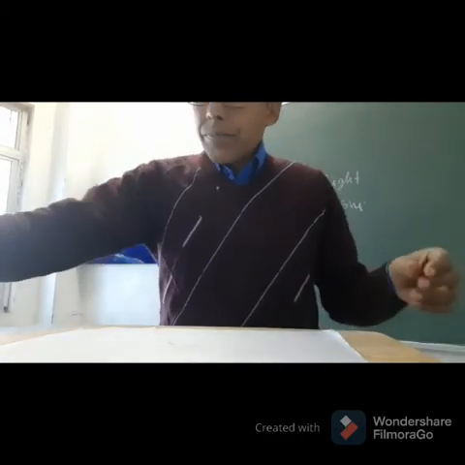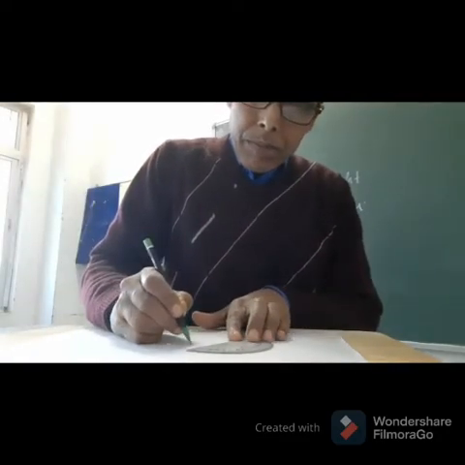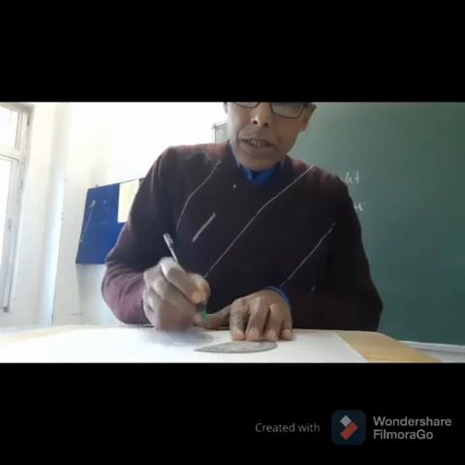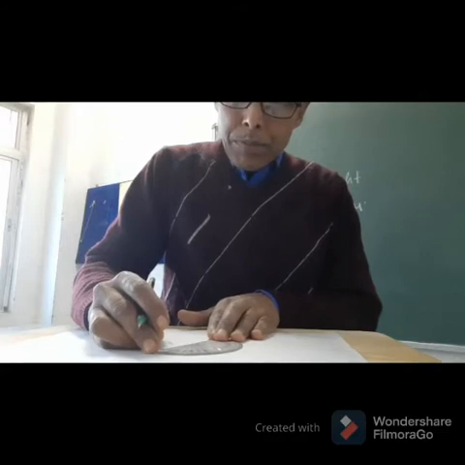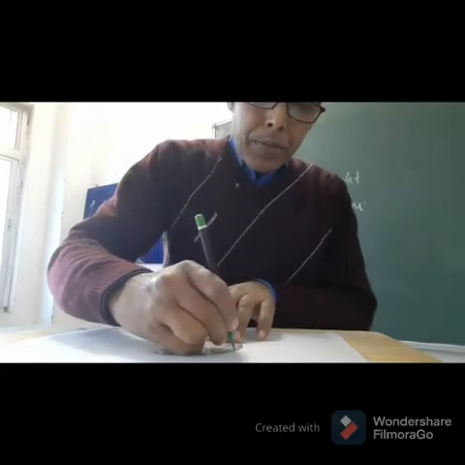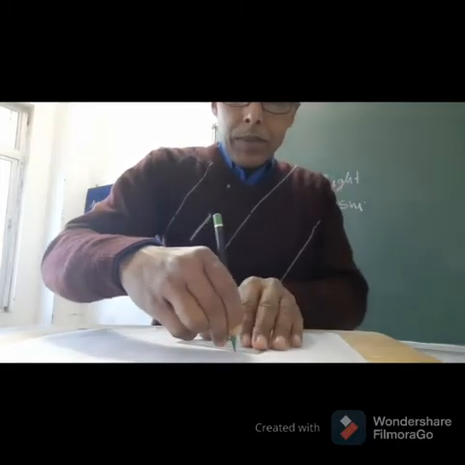Now we remove this prism and make a 90-degree angle, that is the normal of the first refracting surface of the prism. So first we draw this, this is the normal.